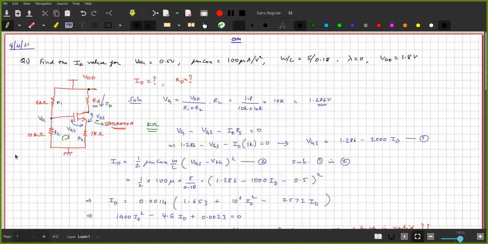Okay, so finally the diagram. From this diagram, RD is 2.648 kilo ohms, ID is how much? 615 milliamps, and VGS is 0.671 volts, and the corresponding VDS is 0.17.